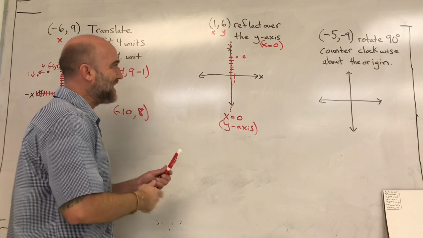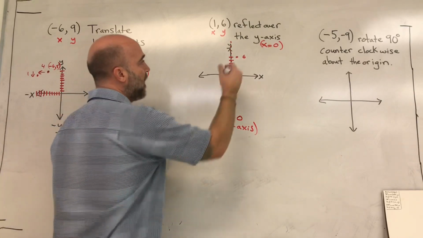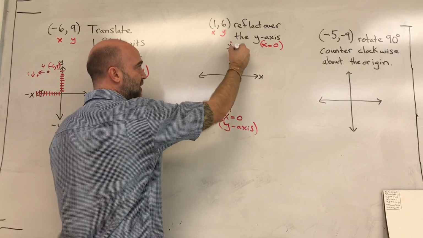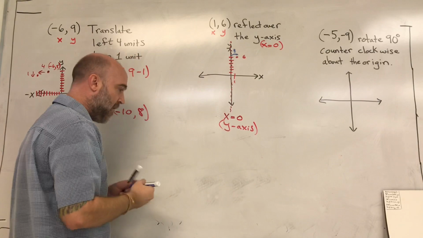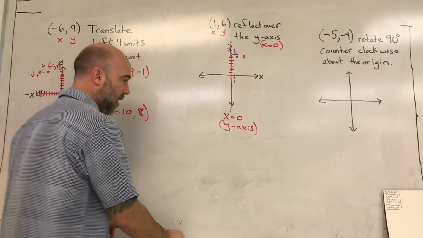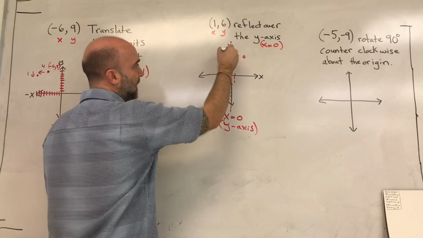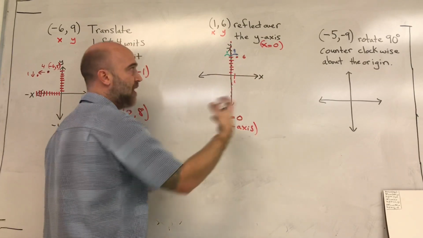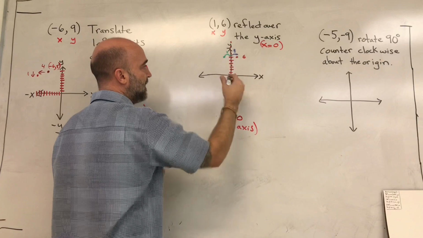It has to be that same distance from the line of reflection. So this is 1 unit from the line of reflection. It has to be 1 unit on the other side then. The image has that same distance.